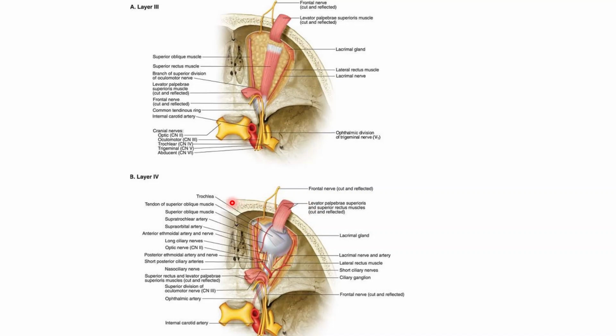Once this superior rectus is reflected and the complete pad of fat is separated, we can make out the round ball of the eyeball, and the attachment of the superior oblique is well appreciated once this is exposed.